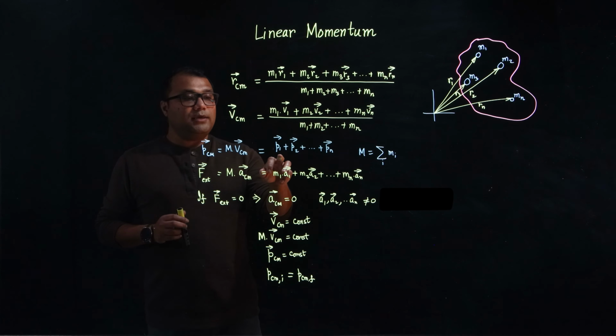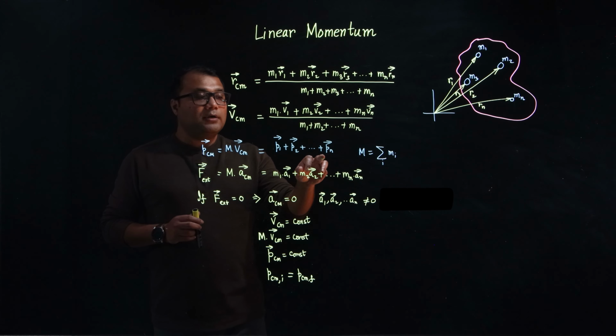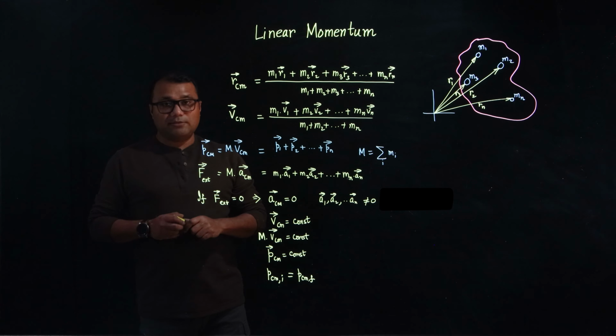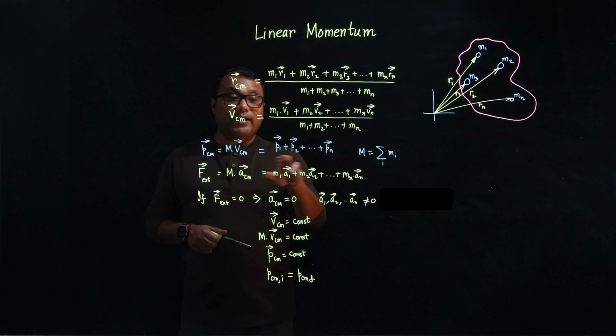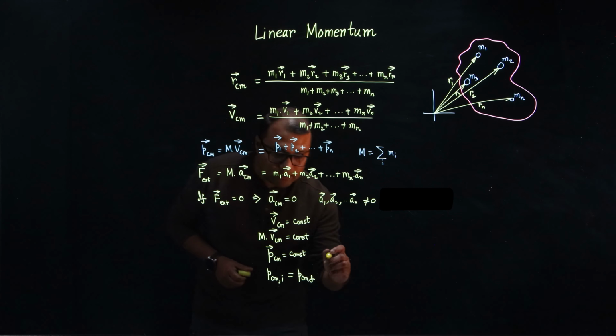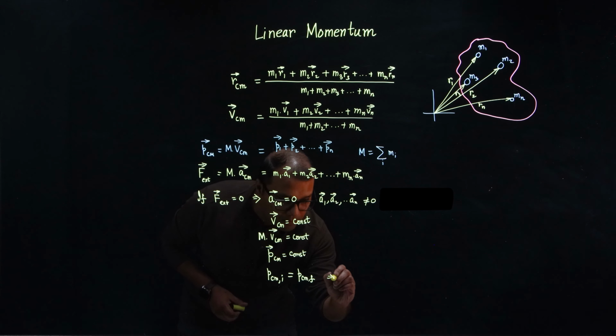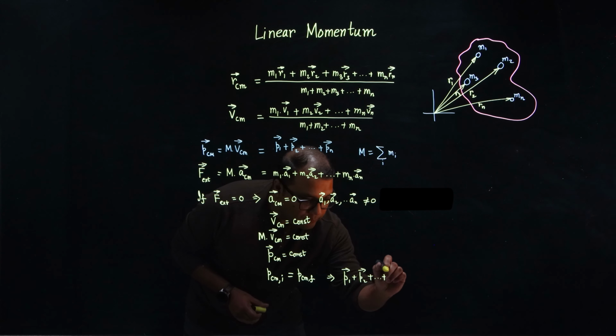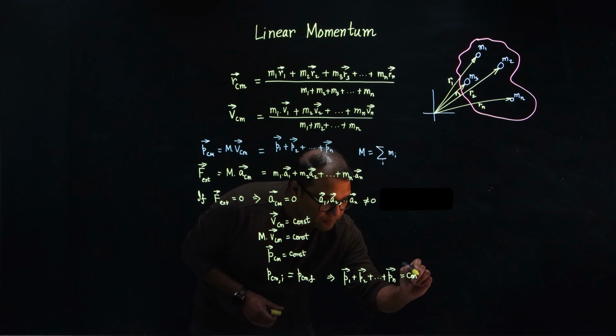It may not mean that each of the constituent momentums of the discrete masses making up the system is a constant. Their vector sum is a constant. Okay, so this means vector sum of P1 plus P2 all the way to Pn is a constant.